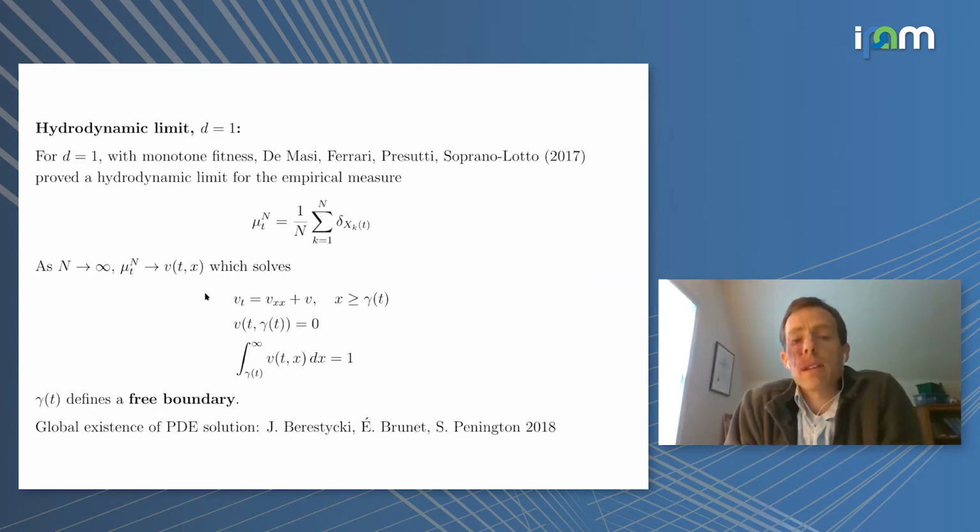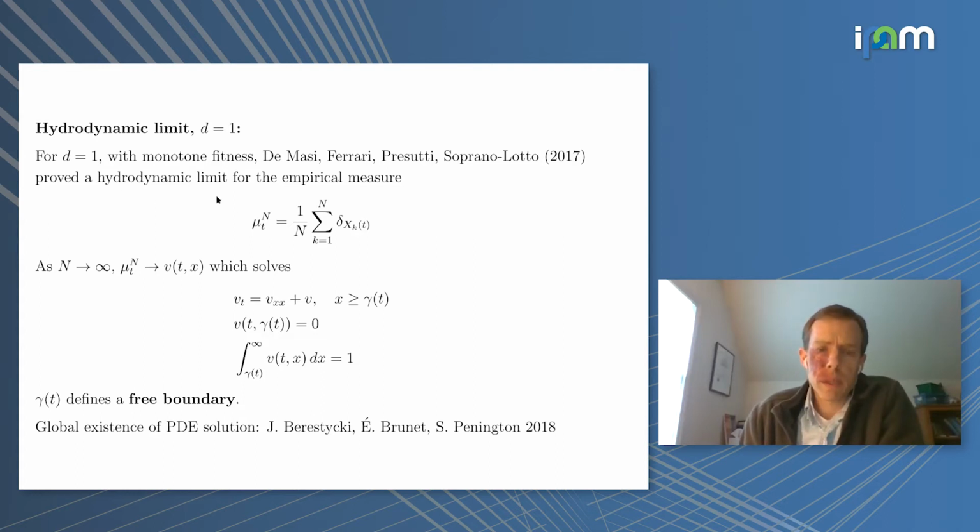Also in that setting, it's known that there is a hydrodynamic limit. This is recent work of Durrett, Ferrari, Presutti, and Soprano-Loto. They proved a hydrodynamic limit for the empirical measure of the process. This is a random probability measure on the real line.